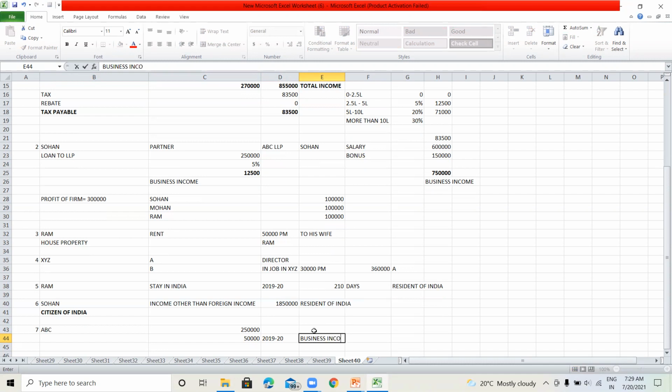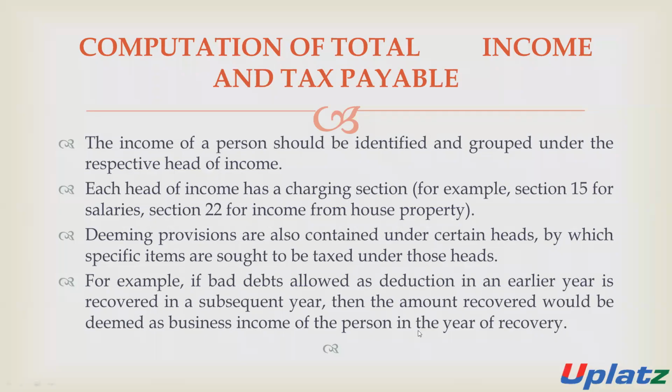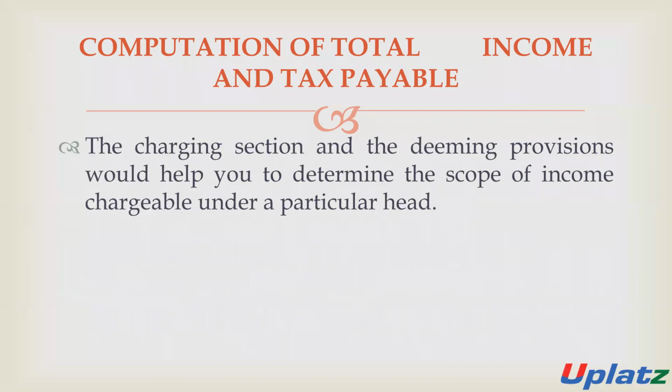It will be taxable in the hands of the assessee ABC under the head of PGBP, in the year when such amount is recovered. Number 3, the charging section and the deeming section help you to determine the scope of income for a particular head.